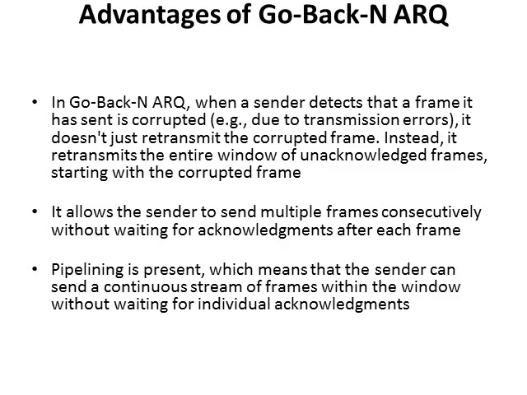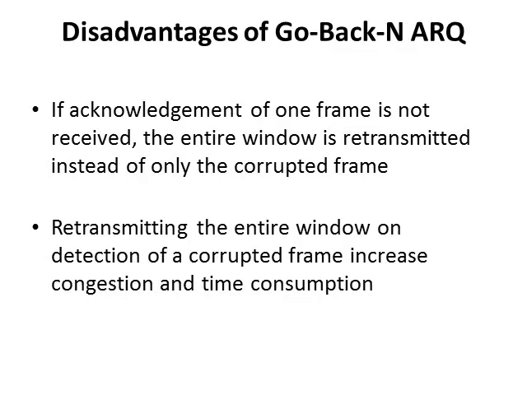Advantages. When the sender detects that a frame it has sent is corrupted, it does not just retransmit the corrupted frame; instead it retransmits the entire window of unacknowledged frames starting with the corrupted frame. It allows the sender to send multiple frames consecutively without waiting for acknowledgement after each frame. Pipelining is present, which means that the sender can send a continuous stream of frames within the window without waiting for individual acknowledgements.